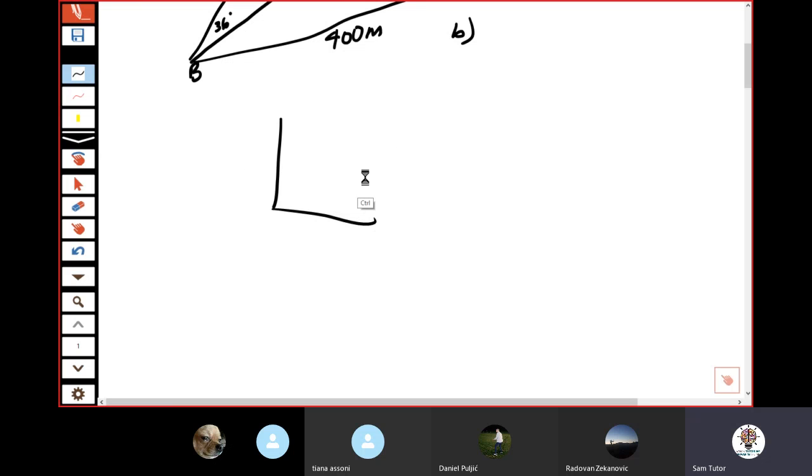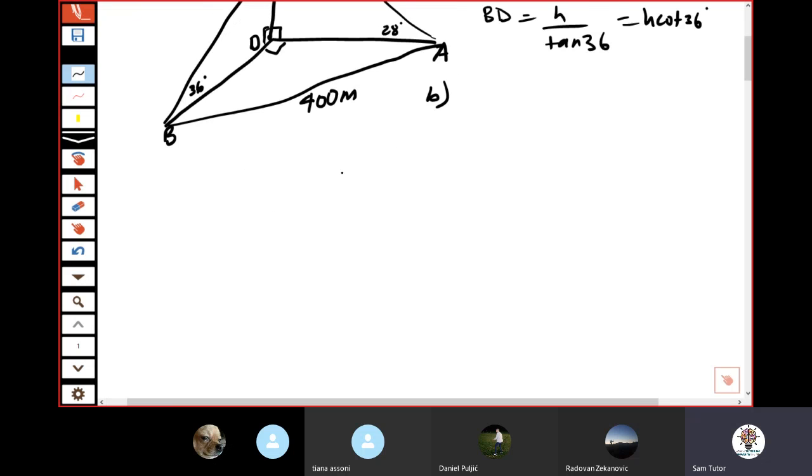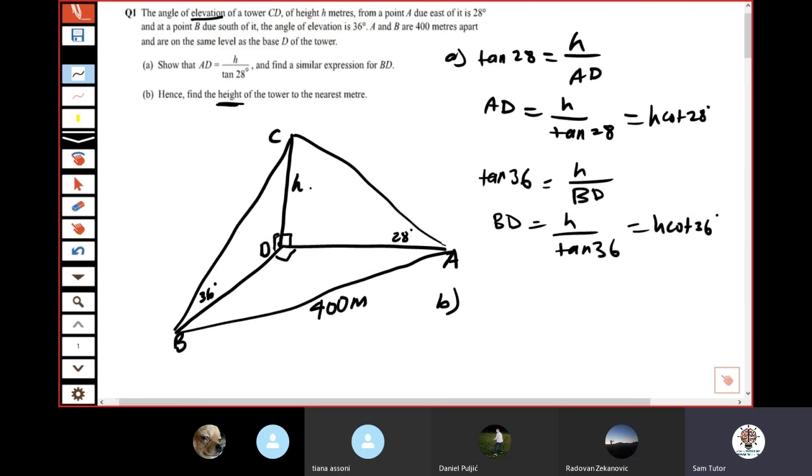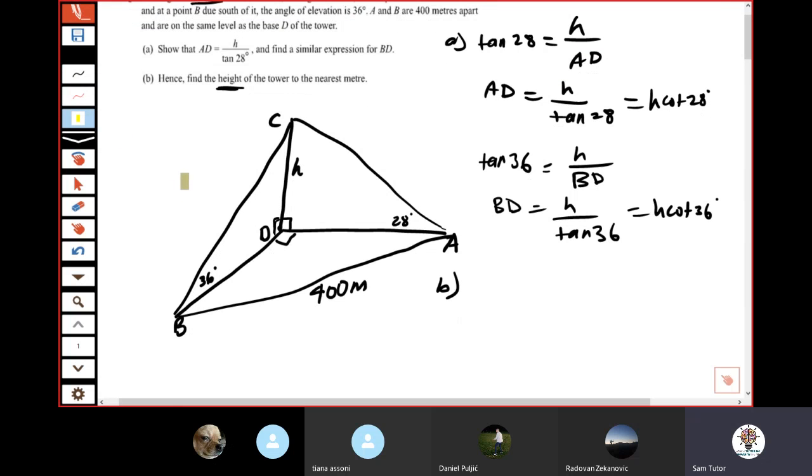Now, when you get a question like this in 3D trig and it says find height, you're not actually going to go ahead and find the height here. The triangle we're going to usually use is this bottom triangle.